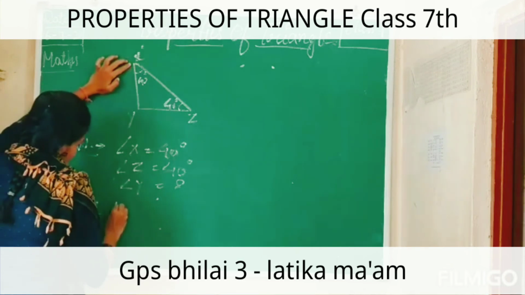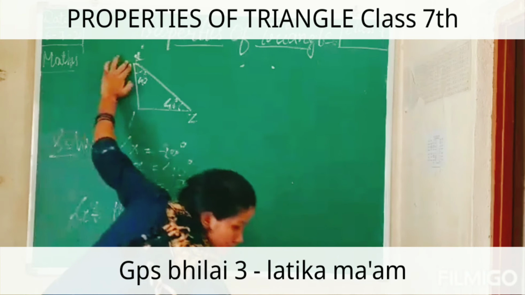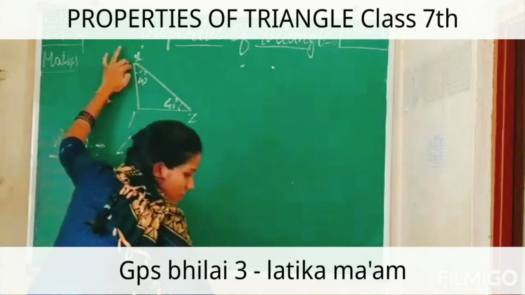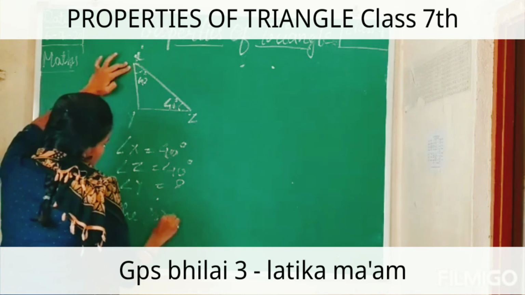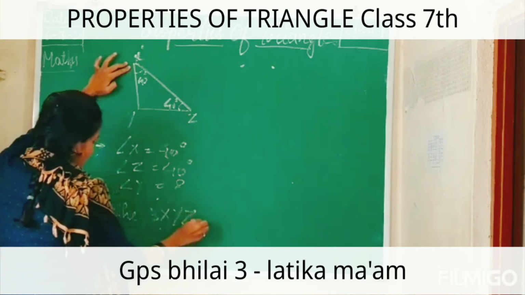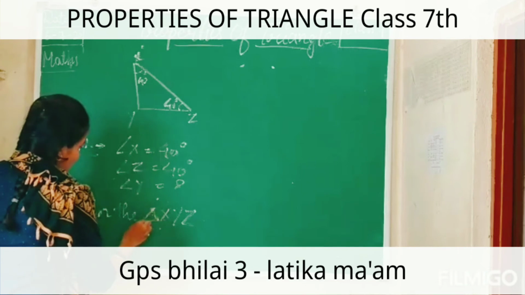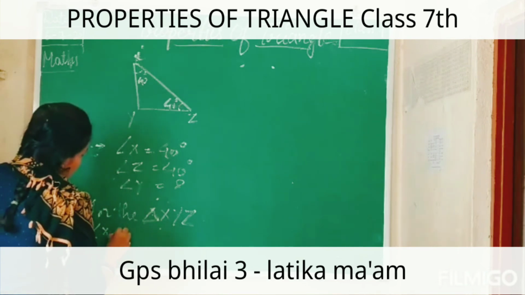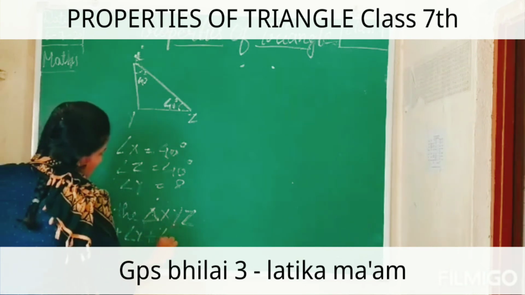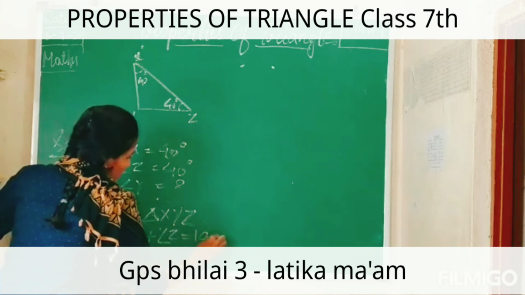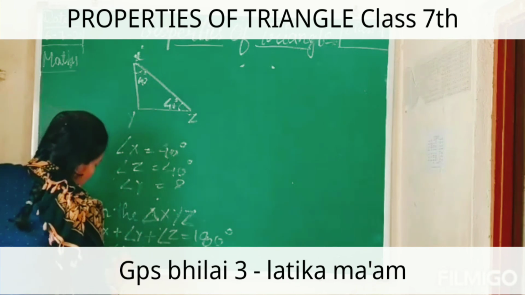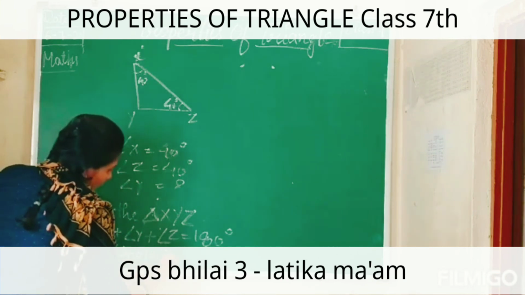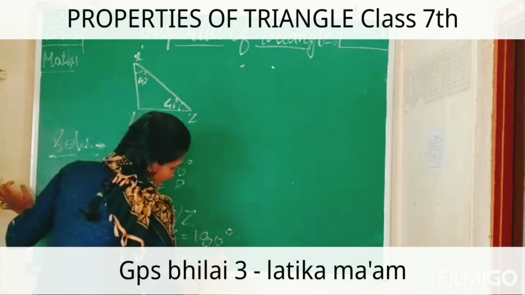Let the triangle be XYZ. In triangle XYZ, angle x plus angle y plus angle z is equal to 180 degrees. Angle sum property.